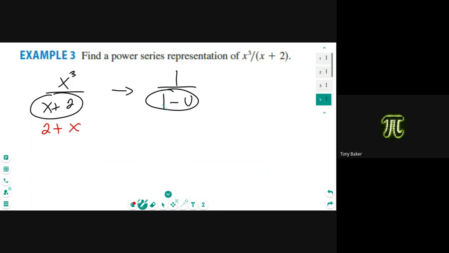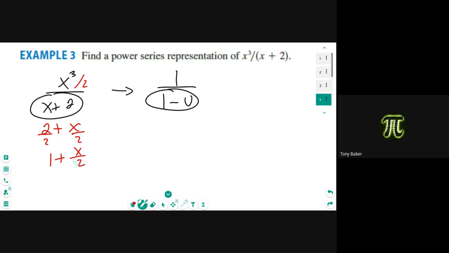All right, how am I going to get that to be a 1? So if I divide by 2, that would be 1 plus x over 2, right? But that also means I divided the top by 2, right? Because otherwise that doesn't help me. Okay. Because if I divide the bottom, I have to divide the top, correct? Okay.